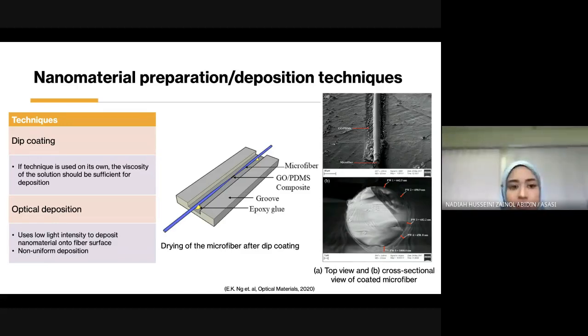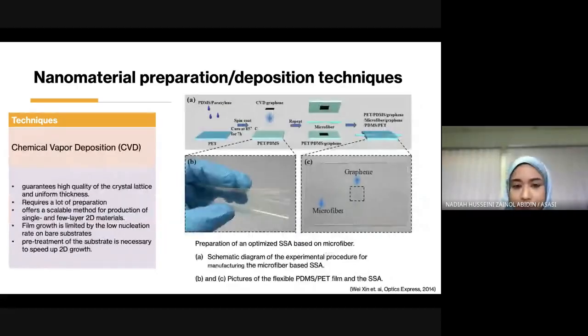So it's pretty simple. And then the last one is bottom up, CVD, chemical vapor deposition. I'm not an expert on this technique, but it guarantees a high quality crystal lattice and uniform thickness because you really can control what you're getting. It requires a lot of preparation. The growth rate is very, very slow unless you seed it to enhance the growth.